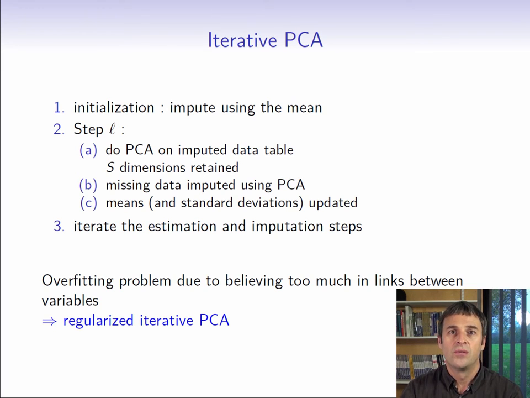We are not going to go into the details here, but this version is what's implemented in missMDA and what we use in practice. The basic idea is to not believe quite so much in the links between variables and to impute missing data with a value that is a bit closer to the variable's means than it would have been otherwise. This is a way of taking less risk when imputing the missing data.